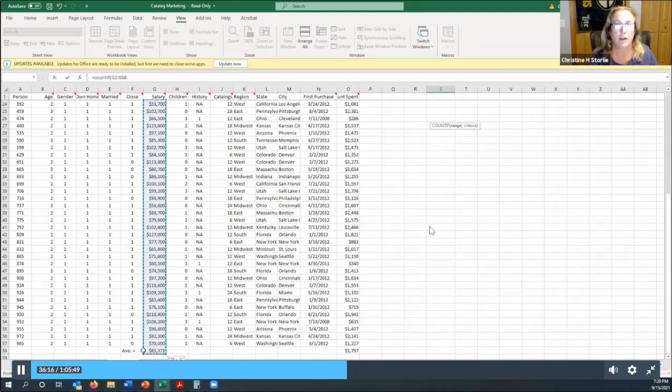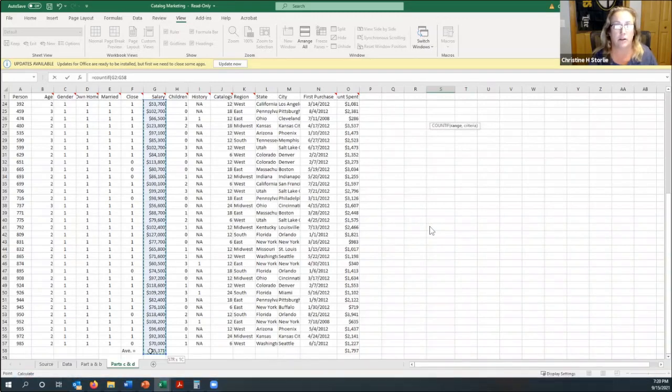We do not want that average in there, that very last cell, G58, because that's the calculated average. That's the one downside to doing averages at the bottom of the column like that: Excel doesn't know that it's not supposed to be part of the data column.